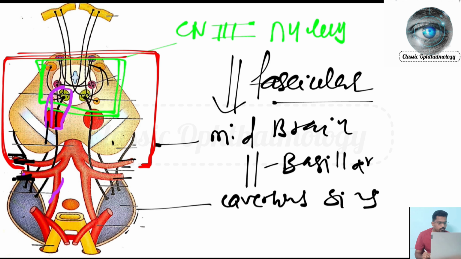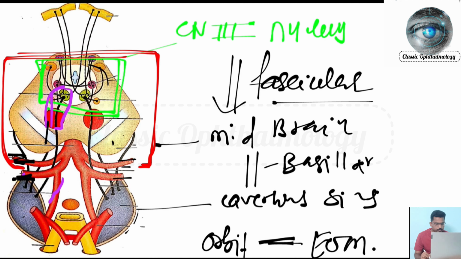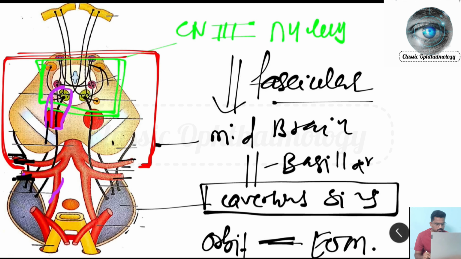Now from the anterior part of the cavernous sinus, the nerve passes to the orbit, and this part supplies the extraocular muscles. The part between the cavernous sinus and the orbit is the intraorbital part.